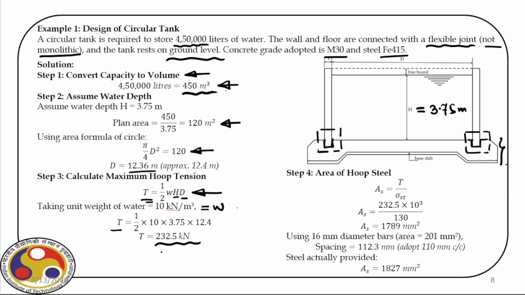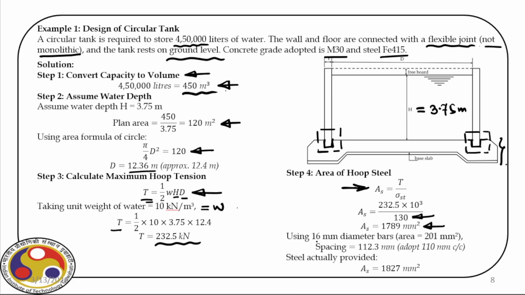Now, once we find out the hoop tension, we can find out the area of steel AS, which is capital T by sigma ST. And for the problem, we have sigma ST as 130. So, we get the area of steel required as 1789 millimeter square.